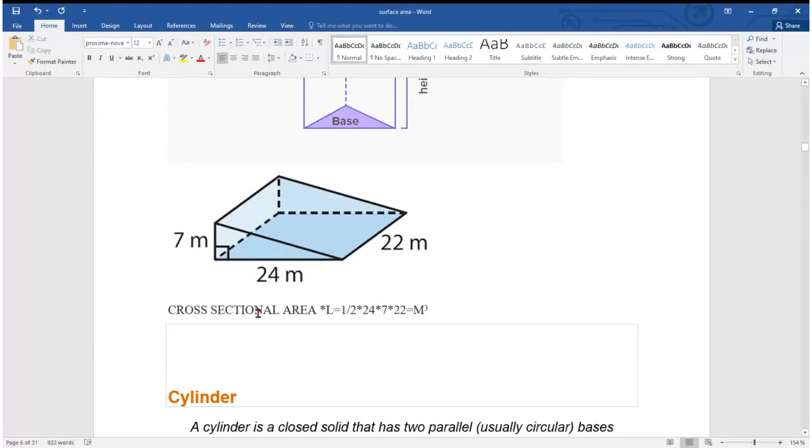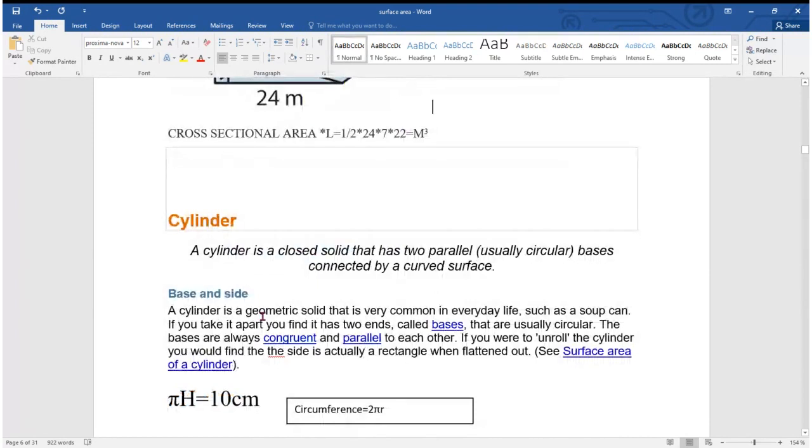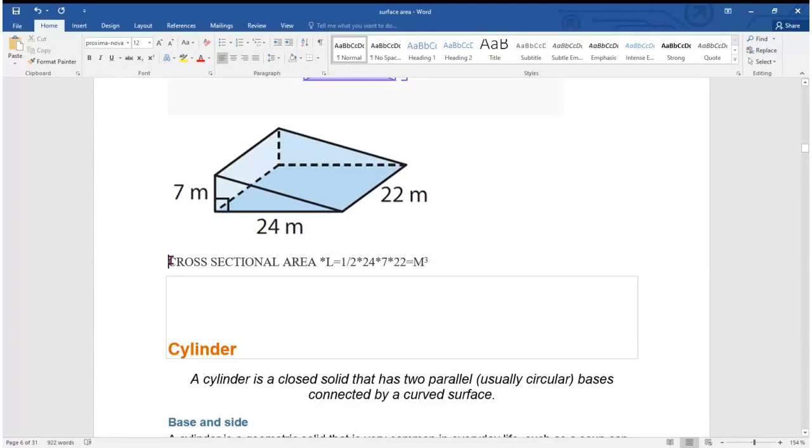So cross-sectional area, then you multiply by the other distance, the length or the height, then you get your answer. Simple as that. So calculating the volume is a very simple matter, but for the surface area, you have to do more calculations.